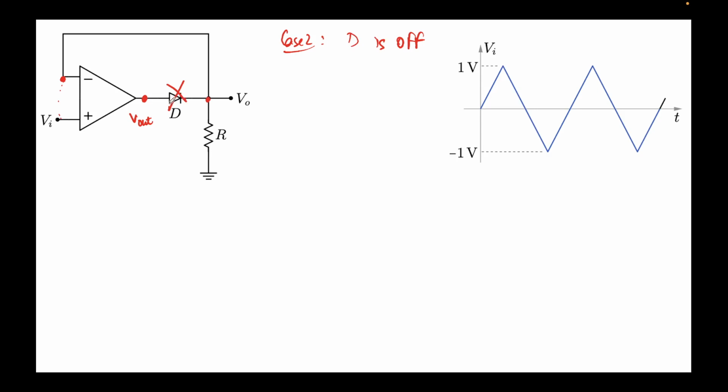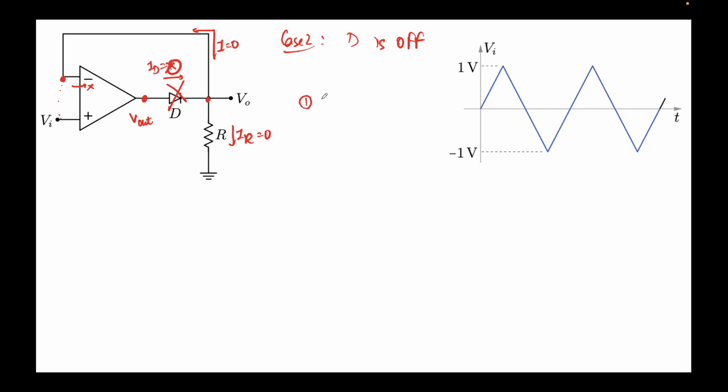If this diode is off, no current can flow here. This means no current is flowing here, and no current is flowing here also. ID equal to 0, and I equal to 0, which implies that IR is also 0.